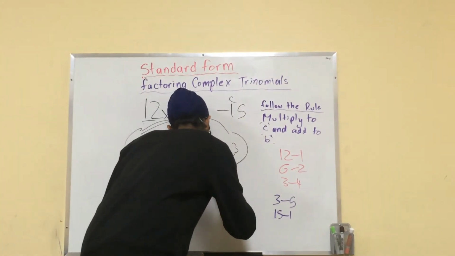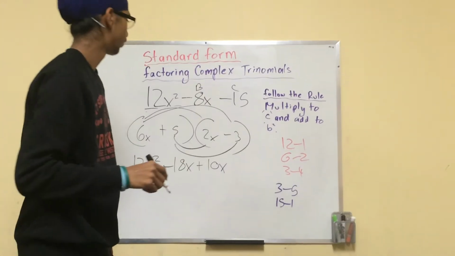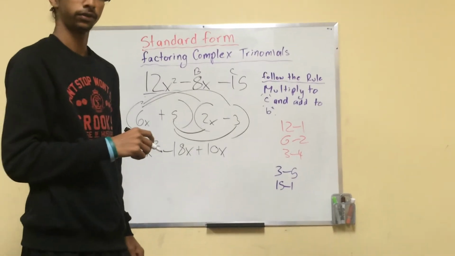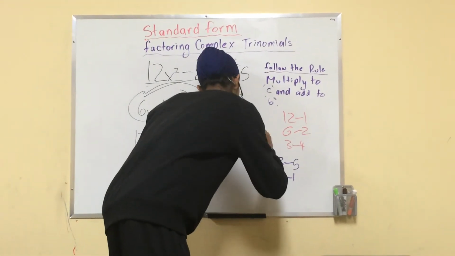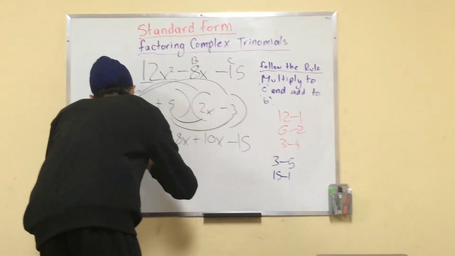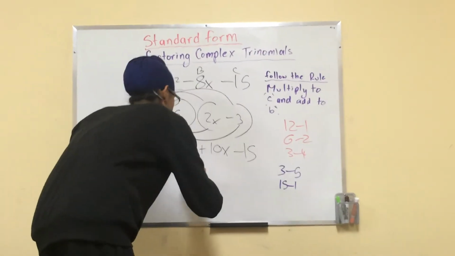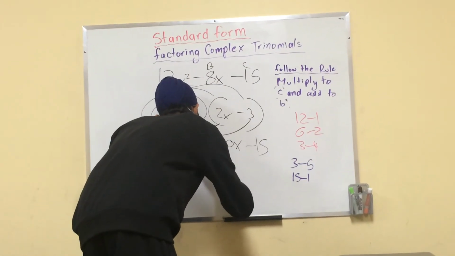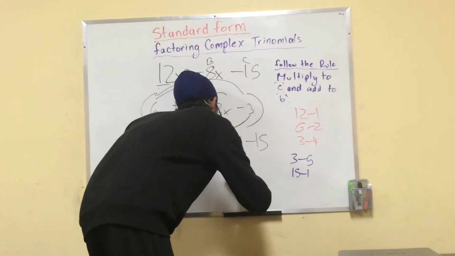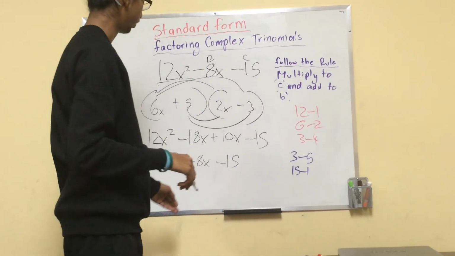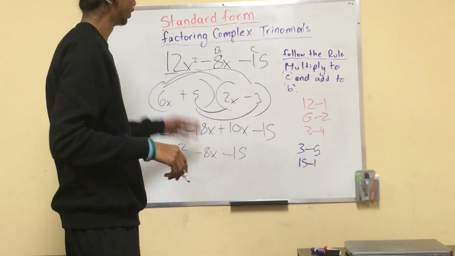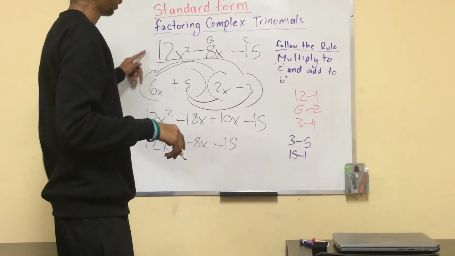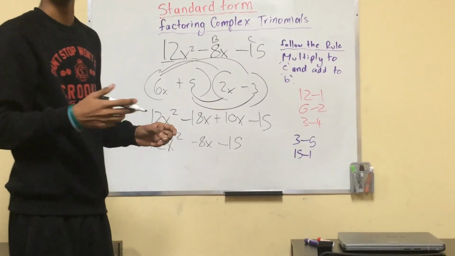Correct. Now what's 5 times negative 3? Negative 15. Correct. So now when we add this all together, it would equal 12x squared subtract 8x subtract 15. And now you see that it's the exact same thing as the equation at the top, so we know that it's right.